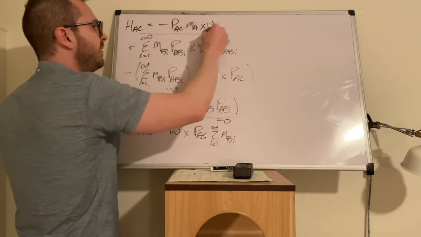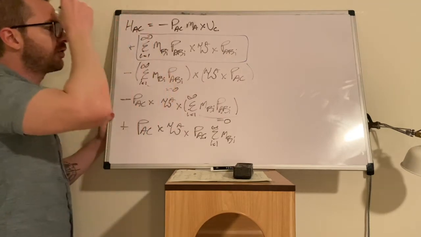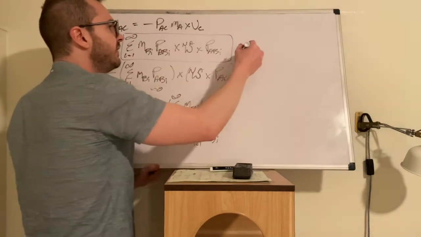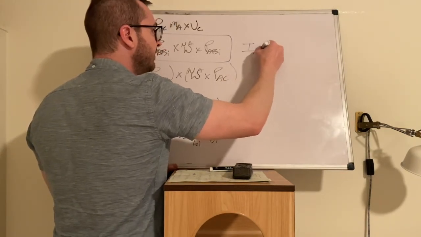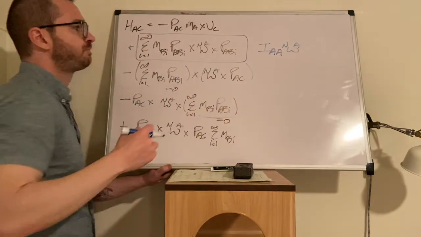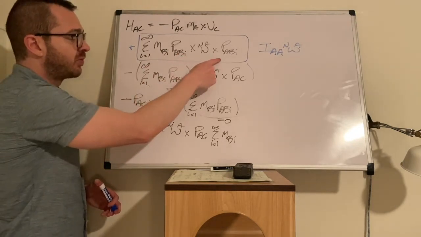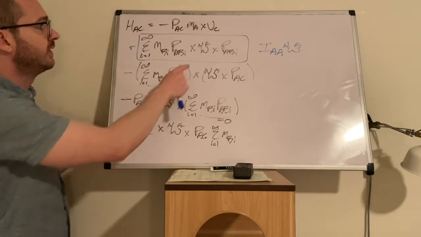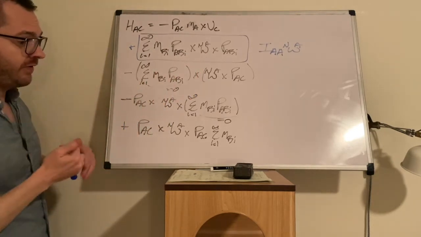If you look at this one that I'm highlighting, and go back to our previous derivation, you will discover that this bit is actually this. This is IAA omega NA. So this is that vector triple product that we eventually redefined as the inertia dyadic dotted with the omega NA vector. So what does that mean?